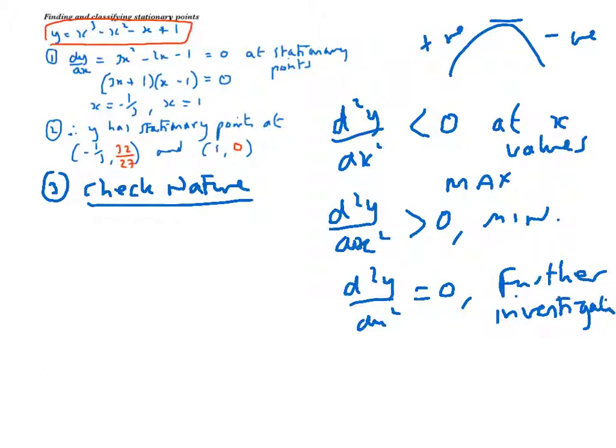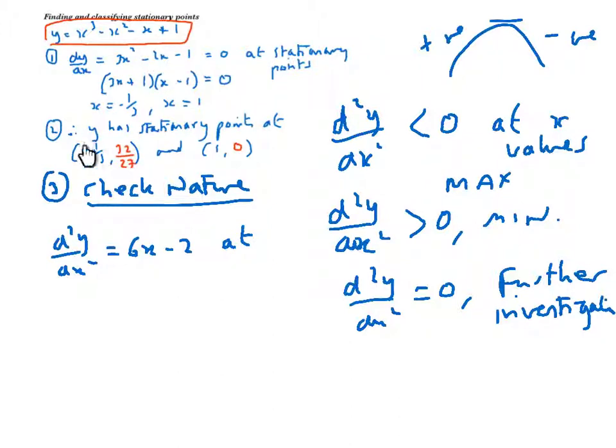Okay? So, let's do this to our curve. So if we go and differentiate my gradient function, which is 3x squared minus 2x minus 1, I would get 6x minus 2.